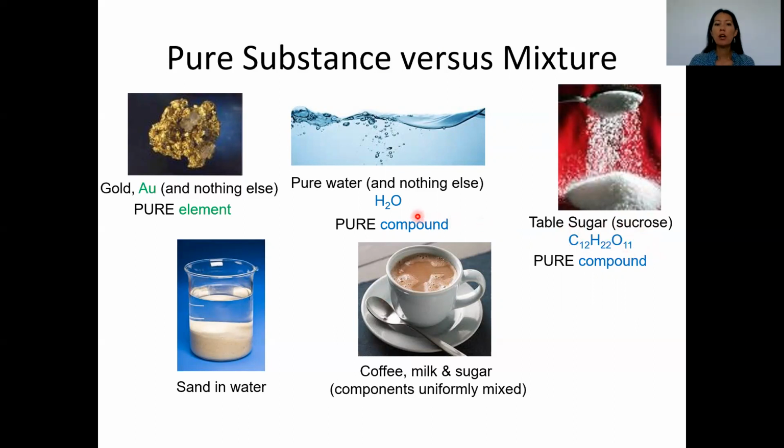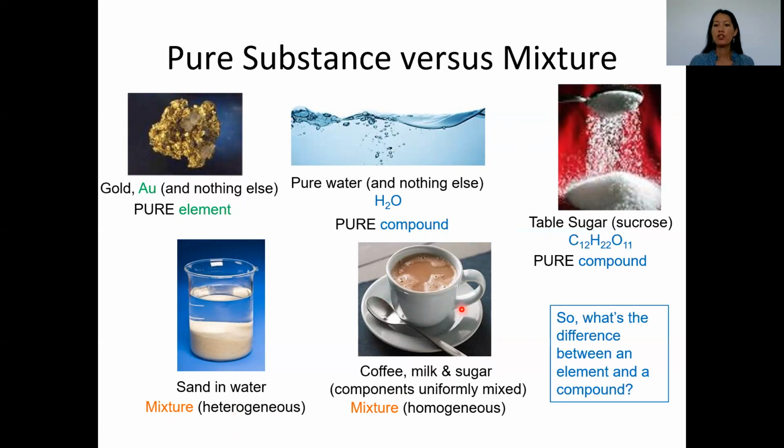So just take a look, use what you are seeing here to determine what's the difference between a compound and an element. When you get into sand and water, like I mentioned, you have a heterogeneous mixture. Coffee, milk, and sugar uniformly mixed, that's a homogeneous mixture. Okay, so what is the difference between an element and a compound?